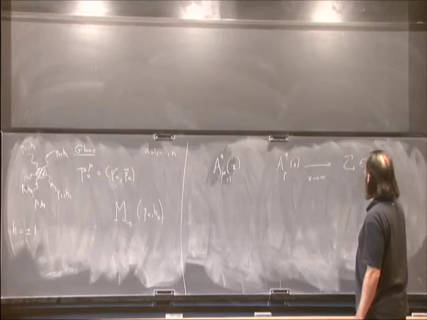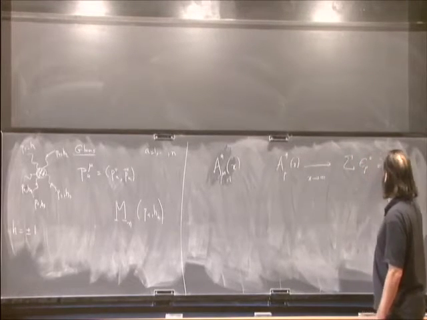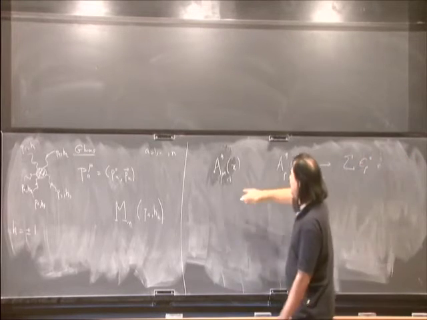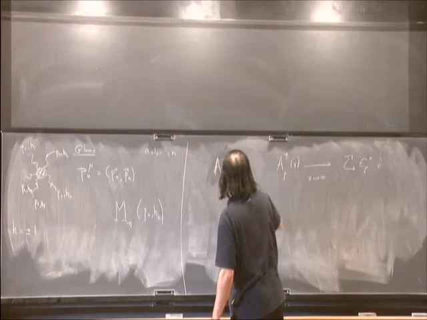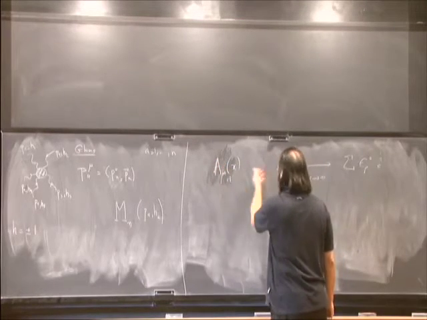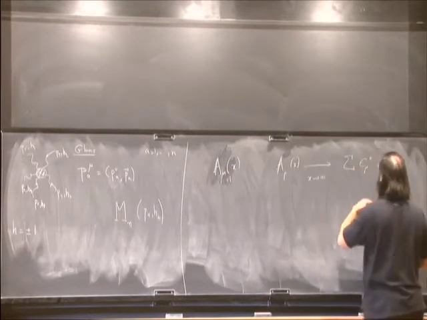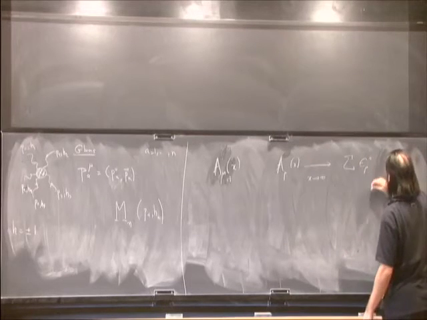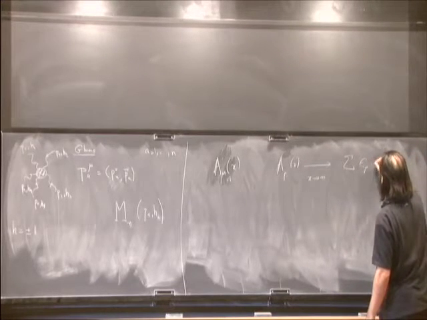So epsilon_mu^a e to the i, sorry, different a's. This is the vector gauge field. It's the matrix valued gauge field. So let's say it goes to some sum over a.